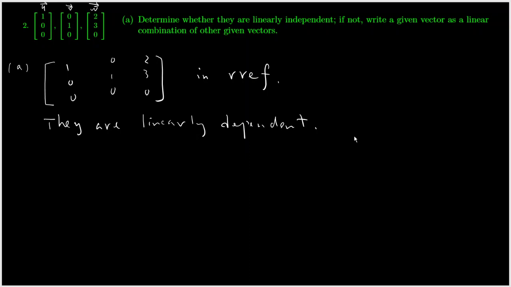So please, just use U, V, and W. I'm looking for how to write W as a linear combination of U and V. The second part of the question, okay? So try to tell me the answer, please.